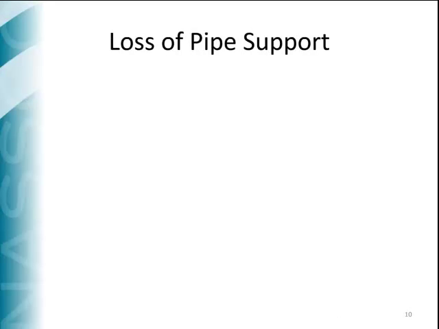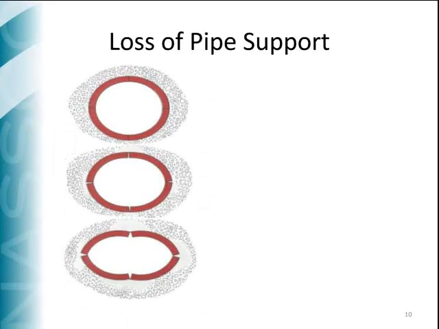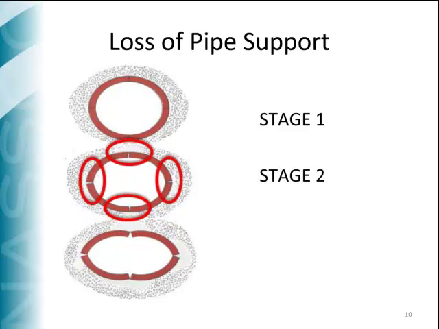The loss of pipe support is represented in 3 sequential stages. In the first stage, the pipe has cracks or fractures, but the pipe remains stable, supported and held in position by the surrounding soil. In the second stage, some soil particles surrounding the pipe have washed into the pipe.